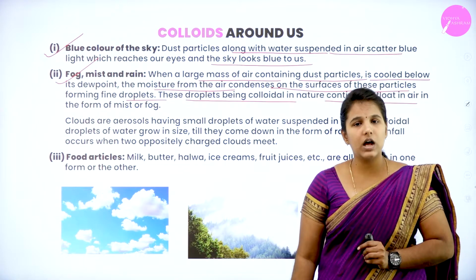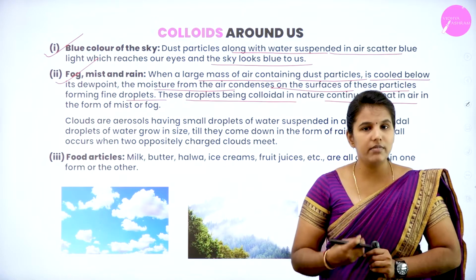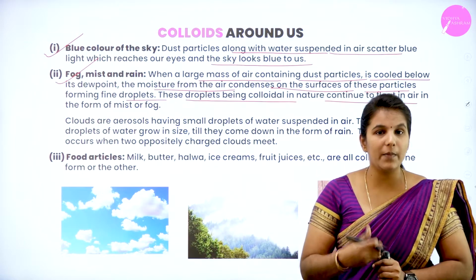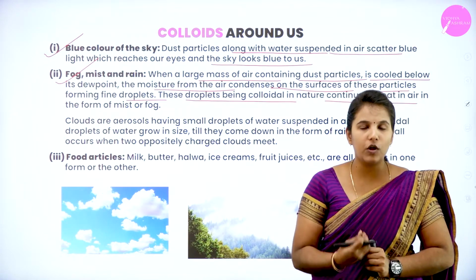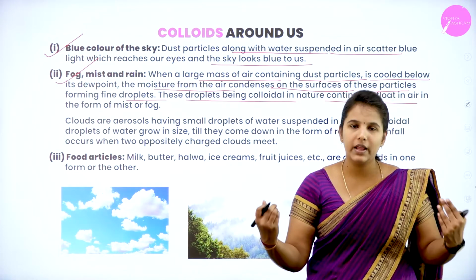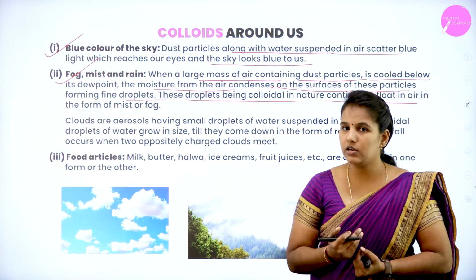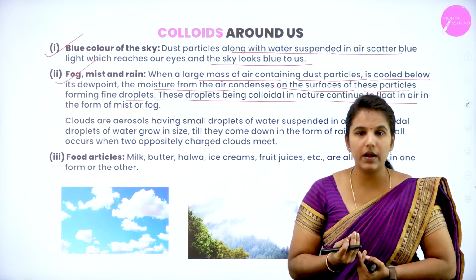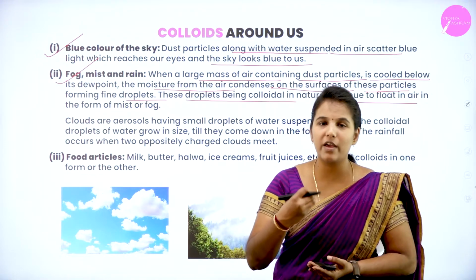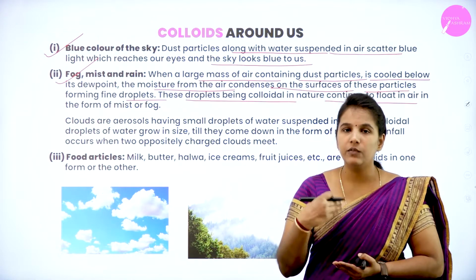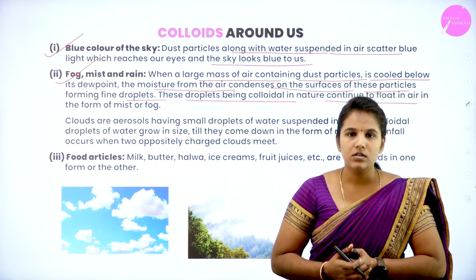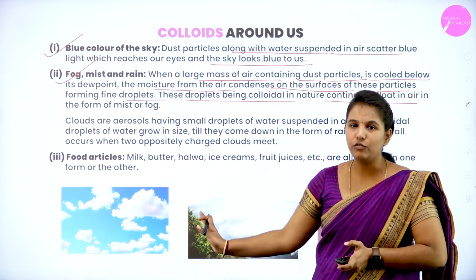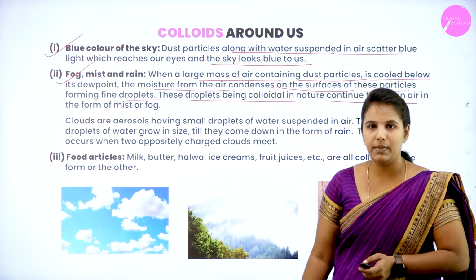So this is how fog and mist become examples of colloidal solutions formed in our surroundings. Due to the dust particles and the very low temperature at the dew point, the water droplets condense and settle down, forming fog as well as mist.